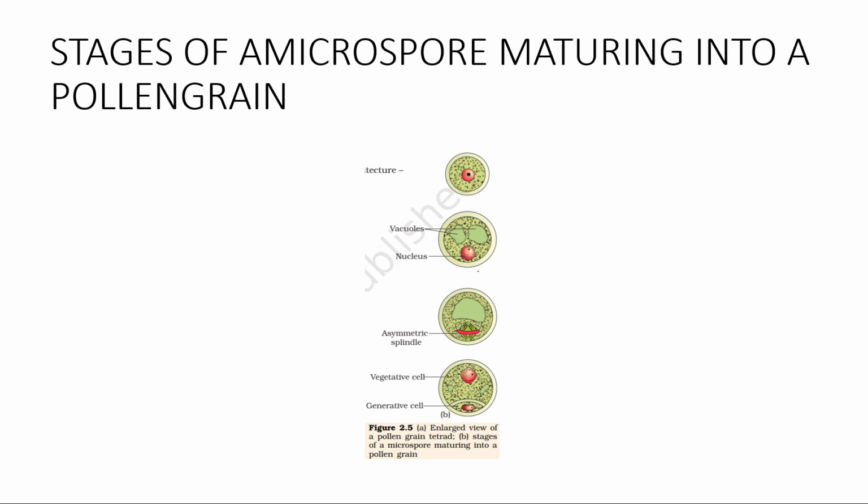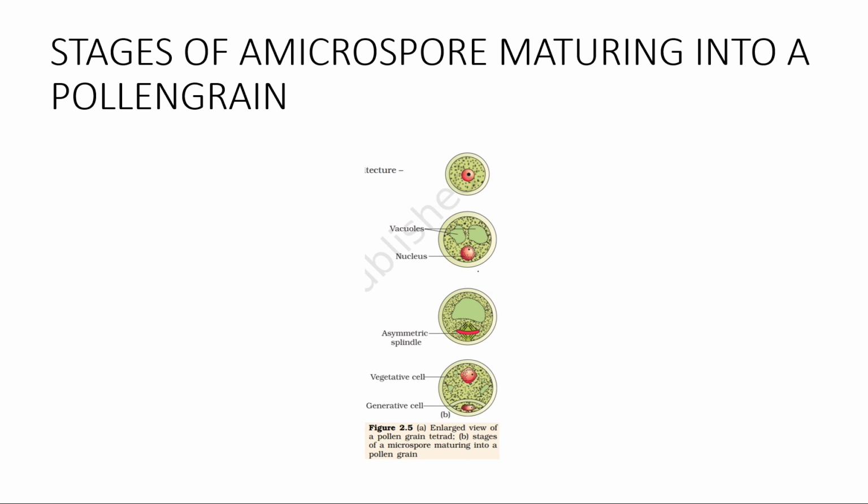Now in this slide, you are watching the enlarged view of a pollen grain. The cytoplasm of the pollen grain is surrounded by a plasma membrane. When the pollen grain is mature, it contains two cells, the vegetative cell and the generative cell. The vegetative cell is bigger, has abundant food reserve and a large irregularly shaped nucleus.